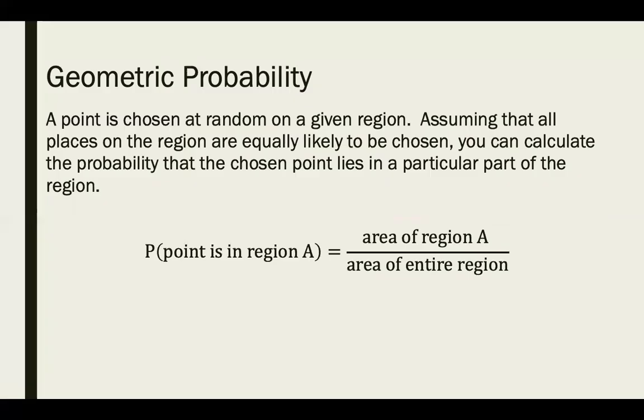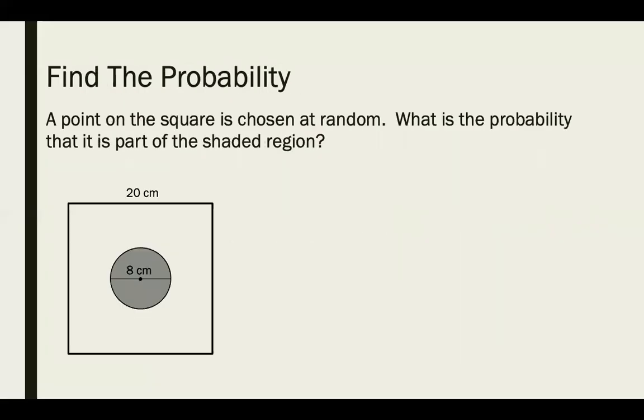We think about what are our outcomes where we get the point on the region we're interested in, divided by the outcomes where we are on the region in general. So if we want to know what's the probability that a point is in region A, we would just find the area of that region and divide by the area of the whole region. So let's see a couple of examples.